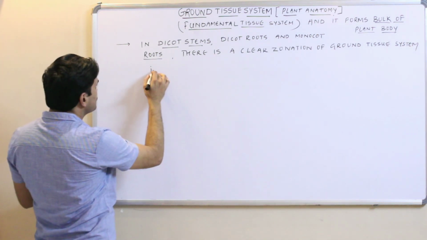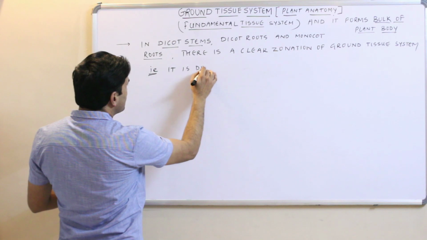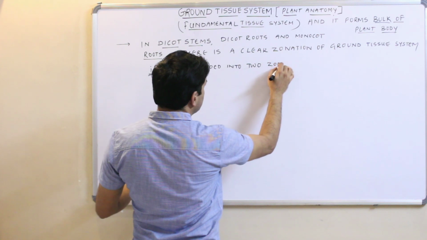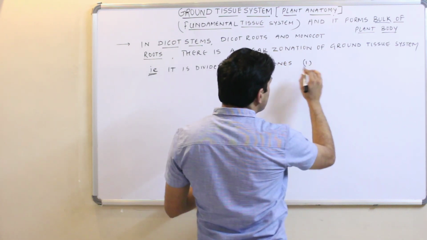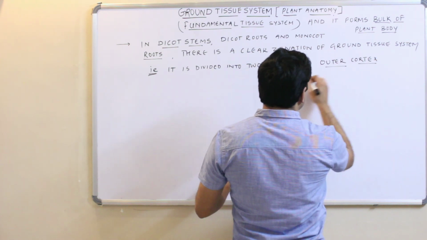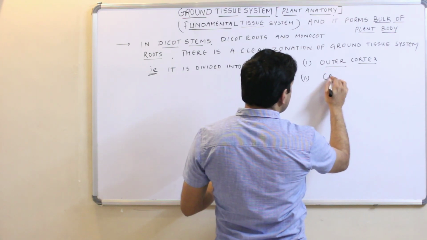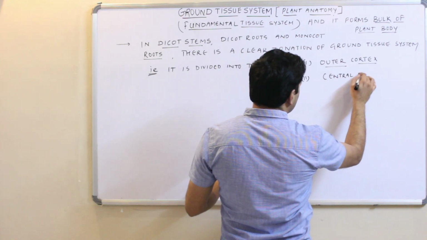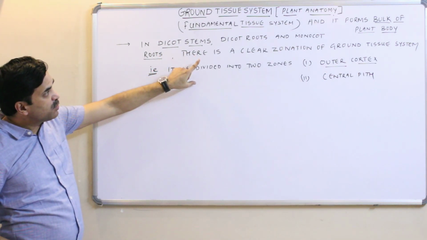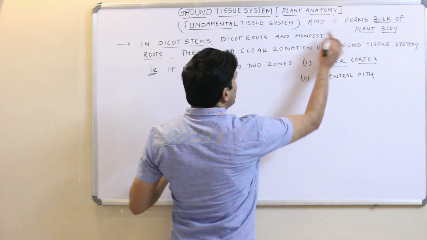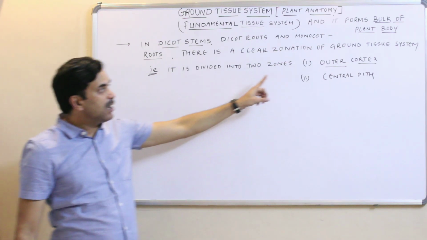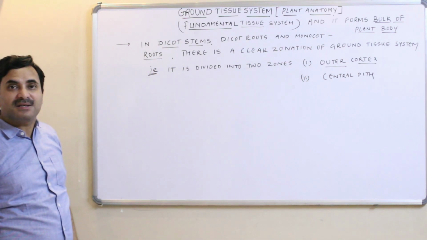That is, it is divided into two zones. Number one is outer cortex and number two is central pith. Are you getting? In dicot stems, dicot roots and monocot roots, there is a clear zonation of the ground tissue system, and it is divided into two zones, outer cortex and the central pith.